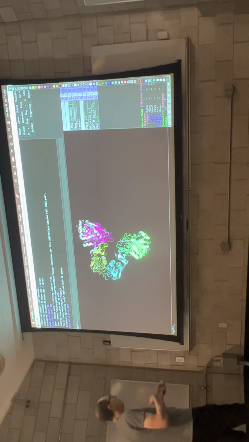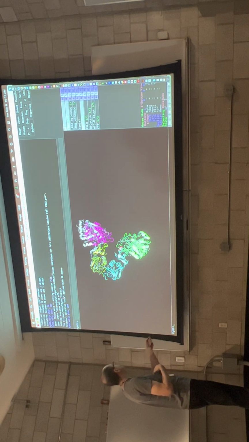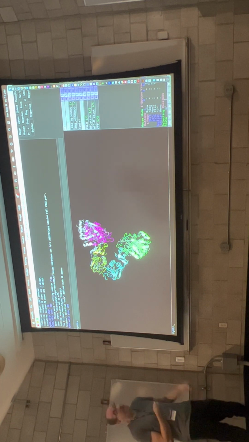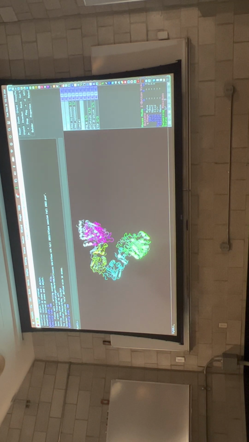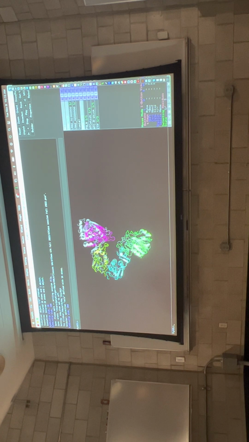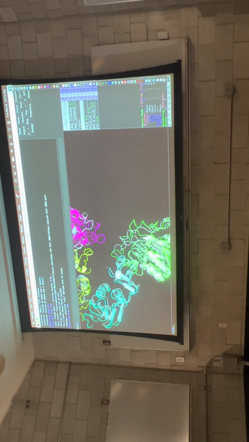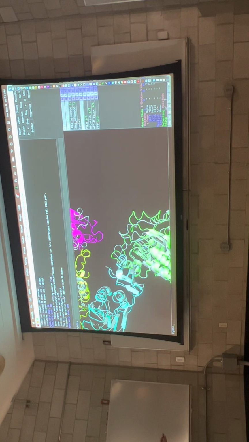So I told the computer that I wanted it to superimpose based off of this catalytic subunit. I think you can see they match quite well, but it's not perfect, right? If we zoom in, you can see that there are changes in the positions of these loops here.